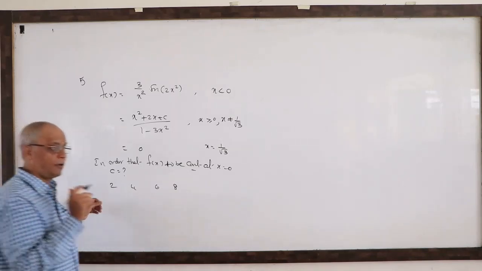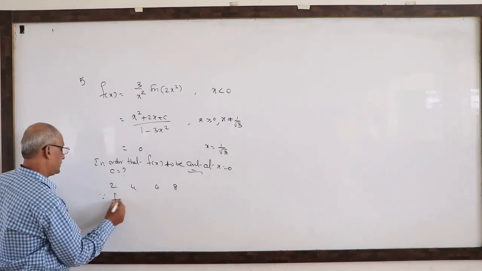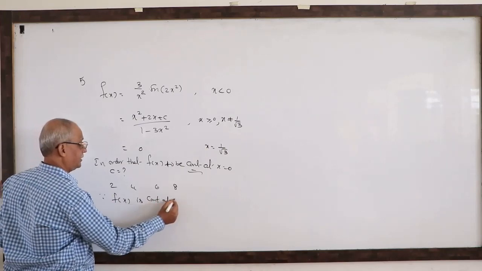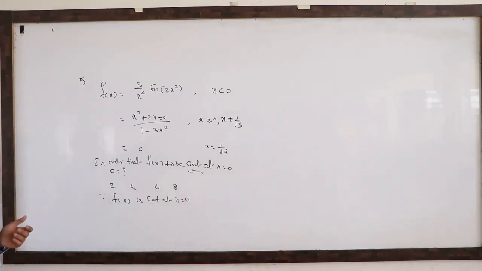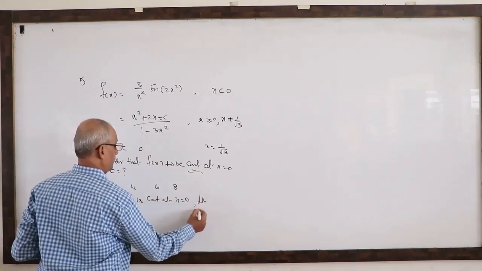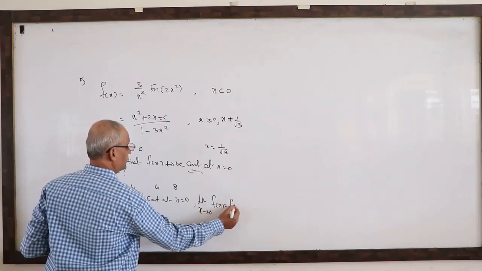Since f of x is continuous, what is our definition? Since f of x is continuous at 0, the limit as x tends to 0 of f of x is f of 0.